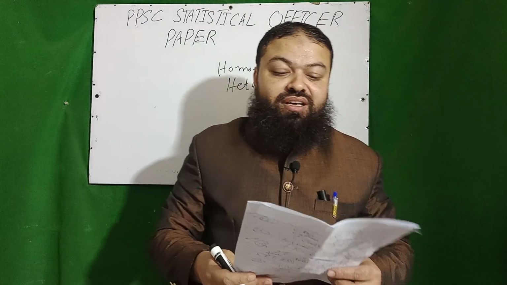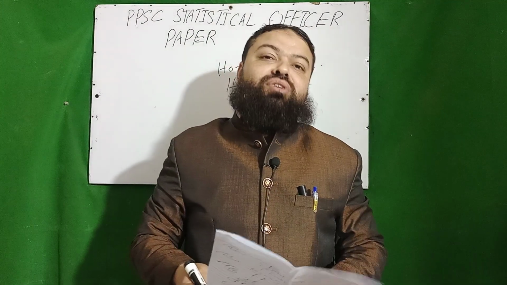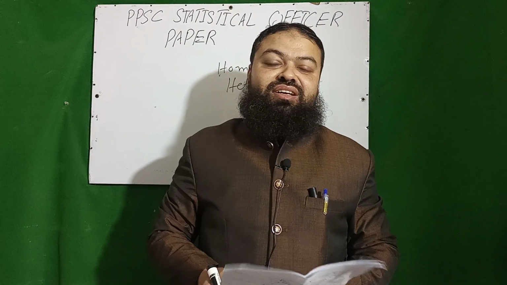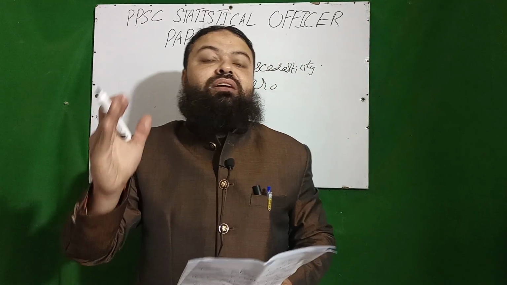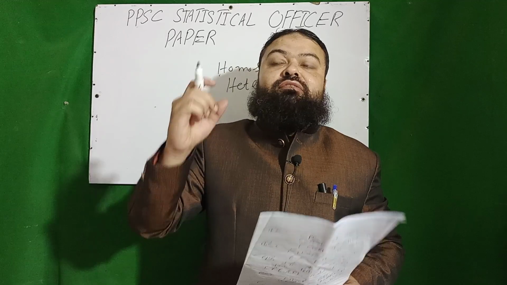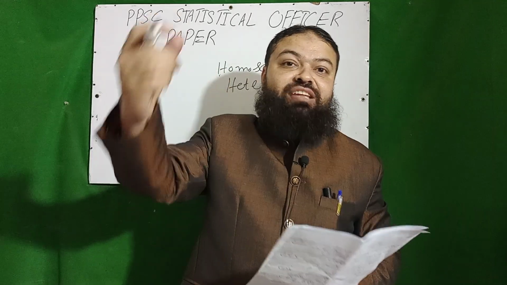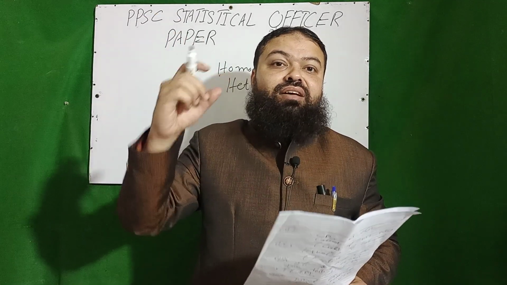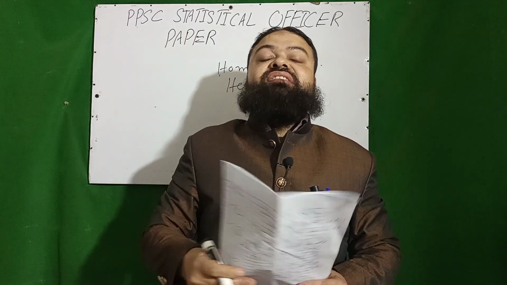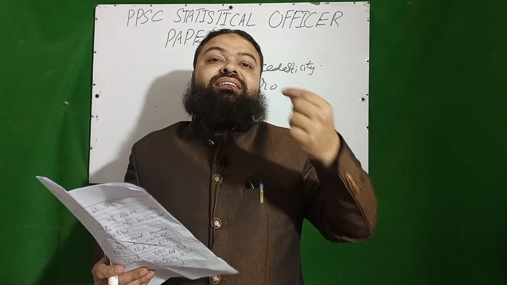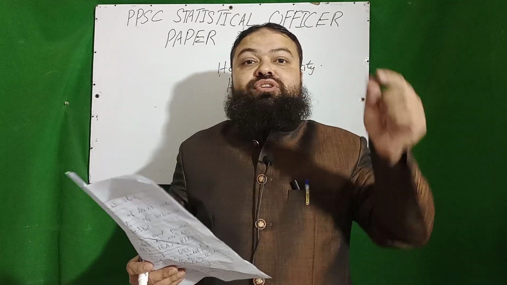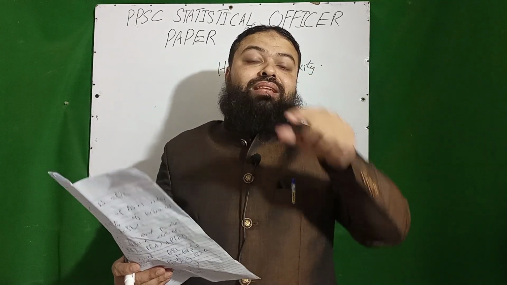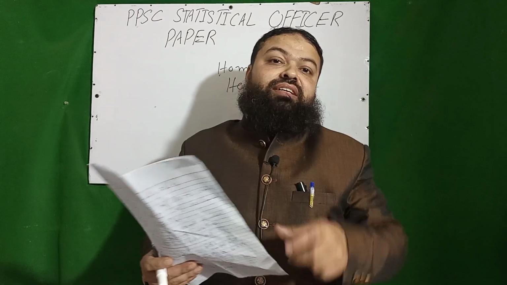Question number 2 is: rejection region is also called. What is the rejection region? We have the concept of test statistic. All the values of the test statistic which are not supporting the acceptance region, which are consistent with rejecting the null hypothesis, this is the critical region.